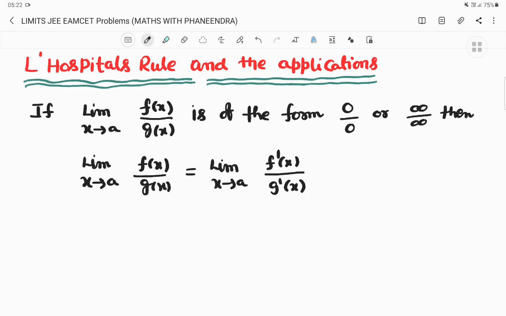Suppose in this case also, if you are not able to get a proper limit, and again you are getting 0 by 0 or infinity by infinity, the case will repeat.